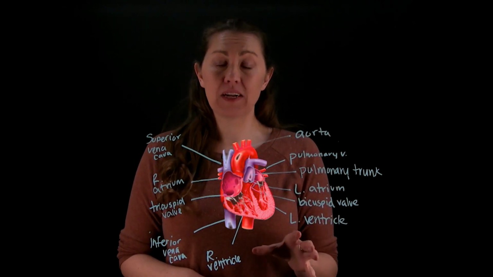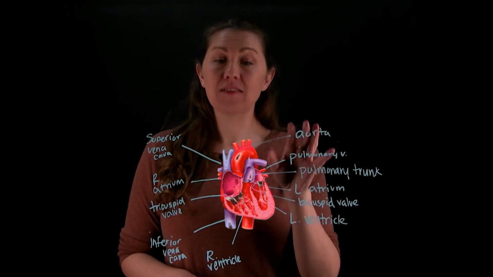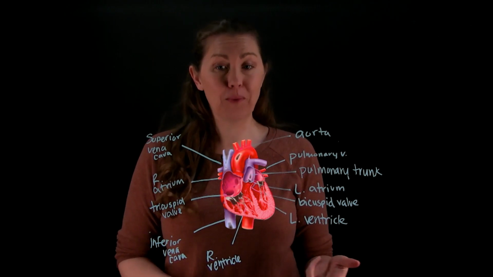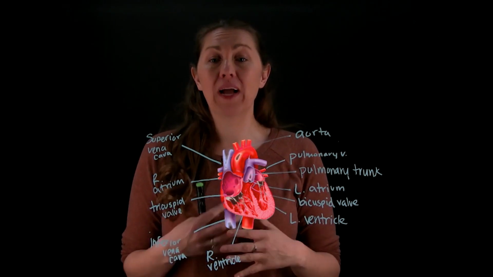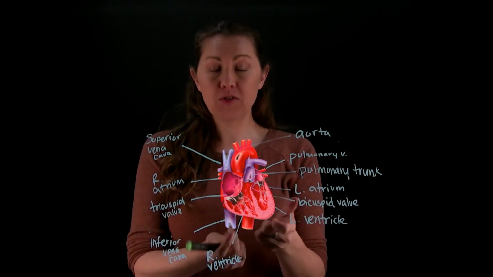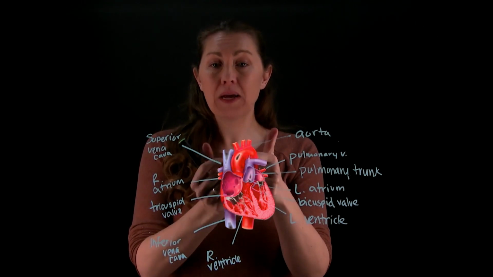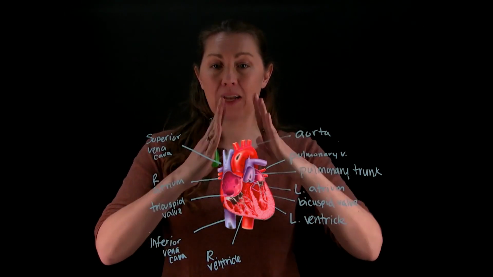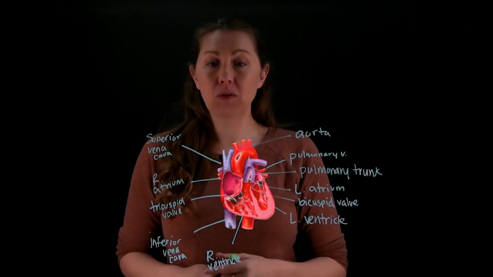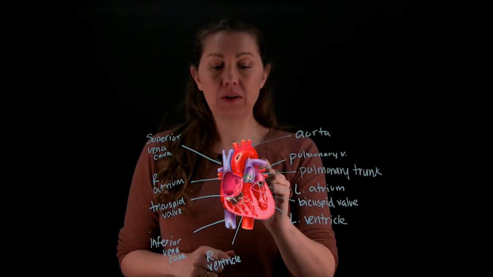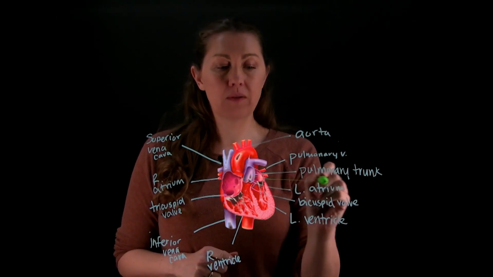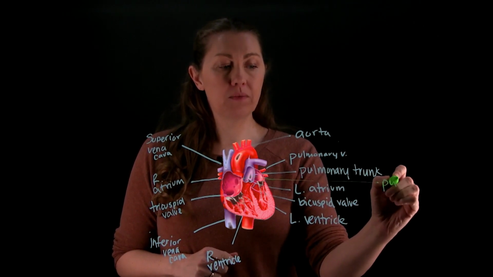Okay, now one thing I did forget to mention is that both of those exits, the aorta and the pulmonary trunk, do have doorways because you have to control, again, for backflow. So when these ventricles are squeezing, they're going to push the doors open, but when they relax, blood will fall back down and those doors will shut. Those are called semilunar valves. The semilunar valve in front of the pulmonary trunk is going to be the pulmonary valve.